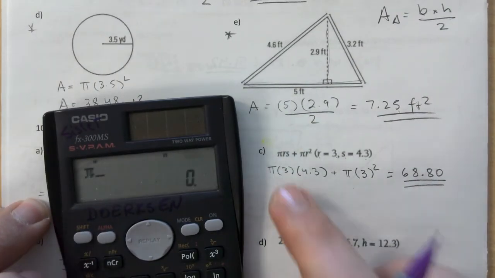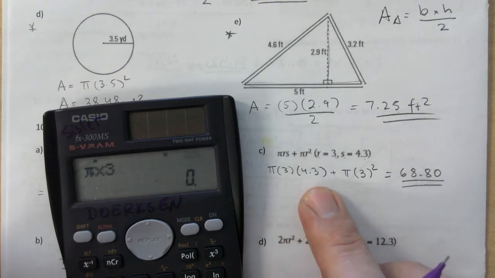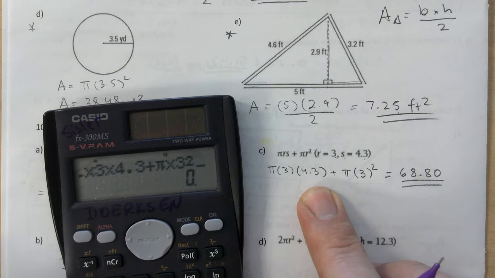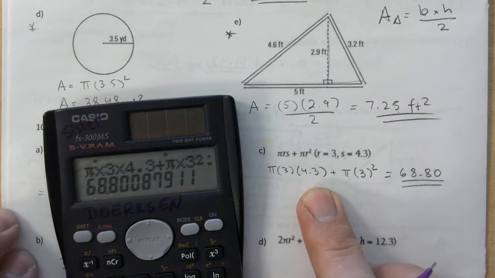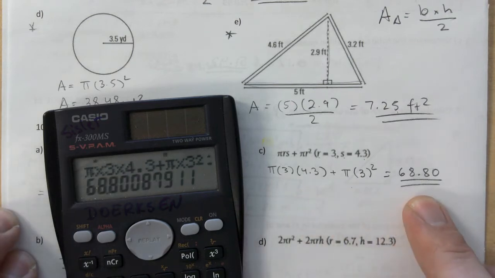So I'm going pi times 3 times 4.3 plus pi times 3 squared. Still get 68.80.